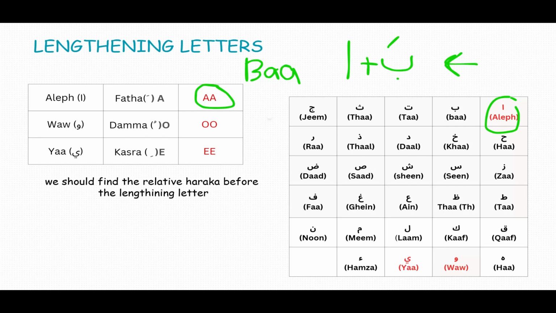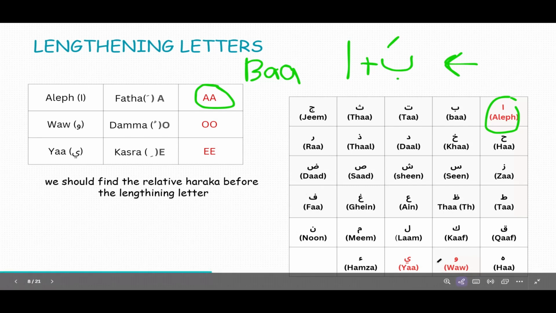Waw and ya are different in this case. They have two cases. The first case, as a normal letter, they accept the harakat. So waw plus fatha is wa. Waw plus dhamma, wu. And if I see kasra below waw, it's we.